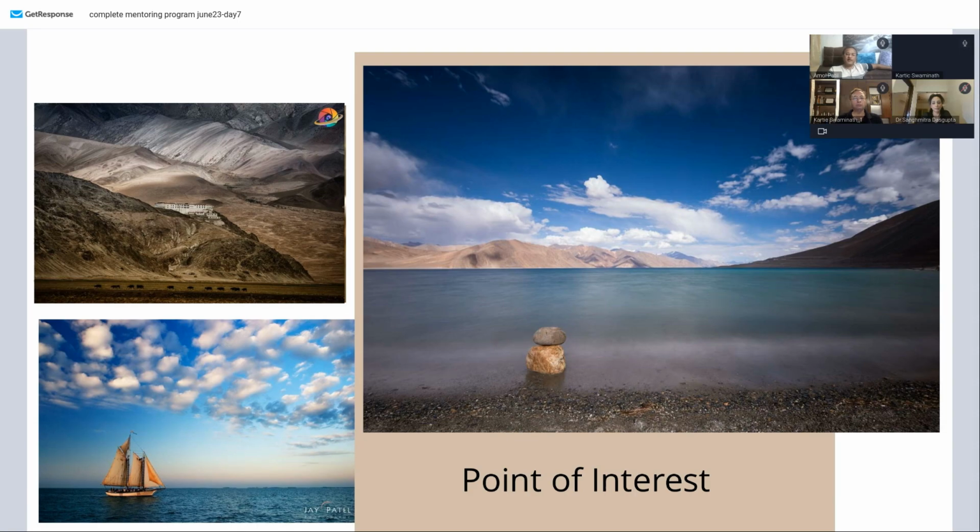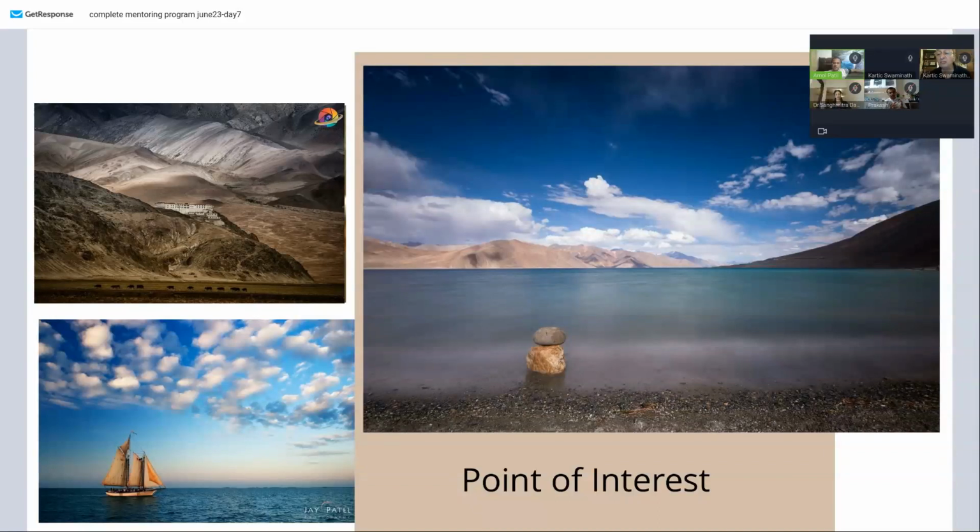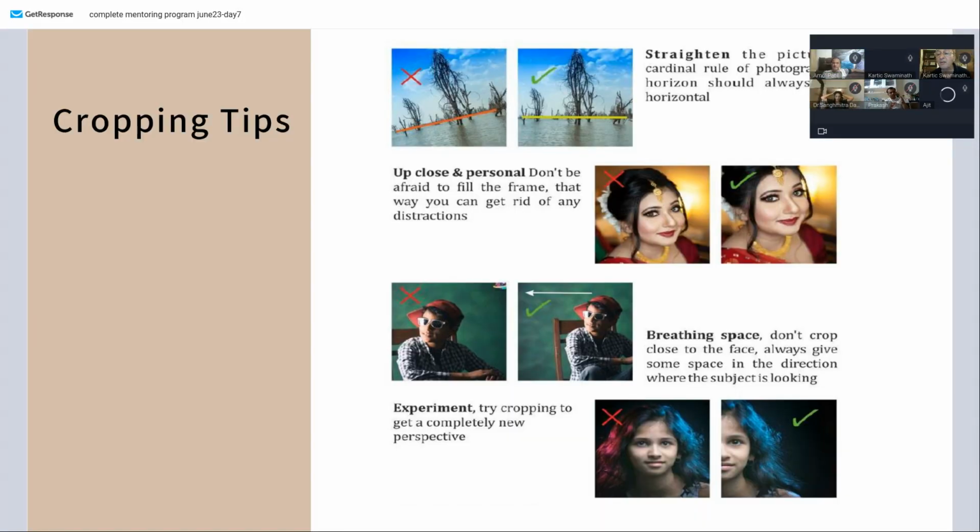So yesterday we spent time discussing the different rules of composition because photography is not only science but also an art. By combining these two aspects of photography, you can become a good photographer, right? So let's start with a fresh new topic today.